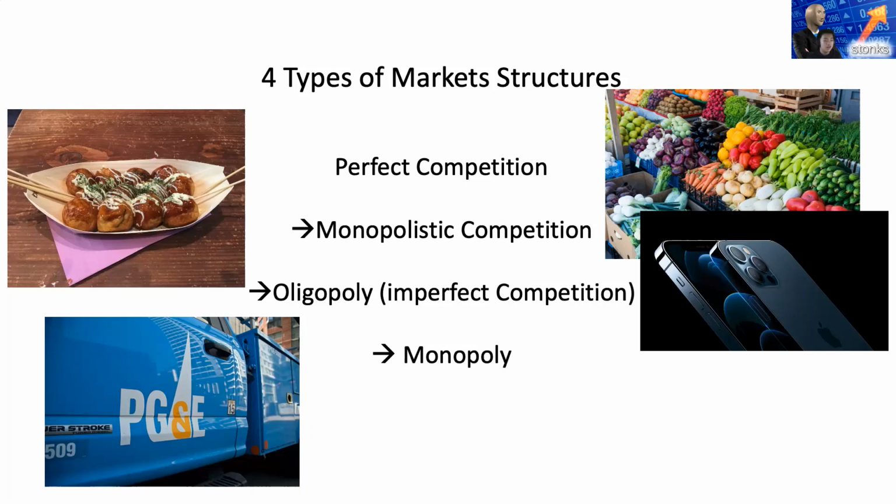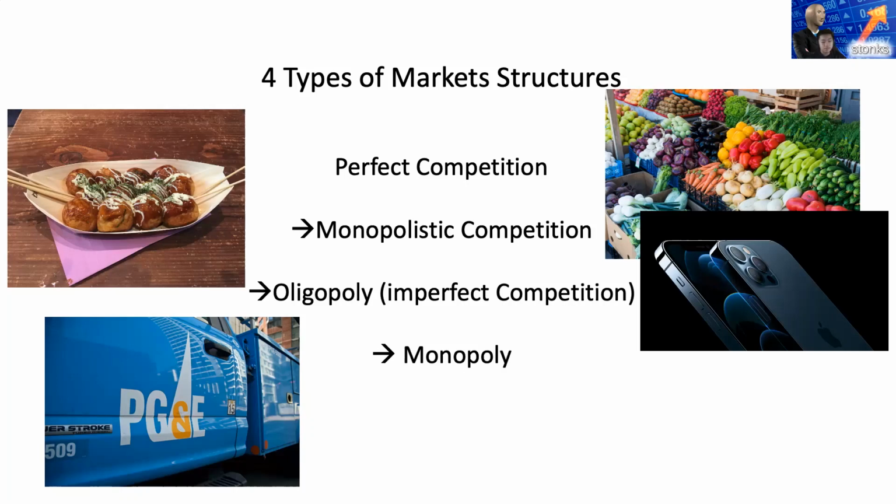Well, here's the deal. PG&E can't raise their price absurdly high, because first off, the people are going to get super angry, and the government will say, no, you can't do this. So that's why they still allow PG&E to function.